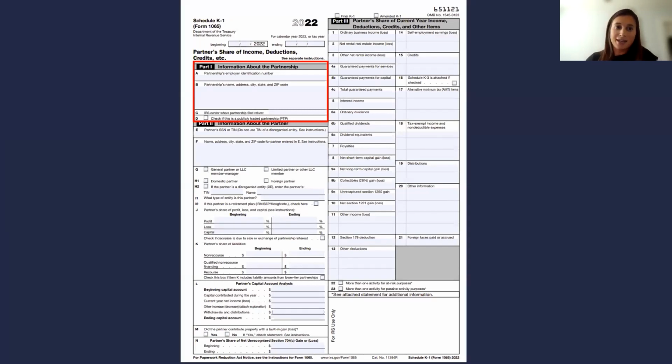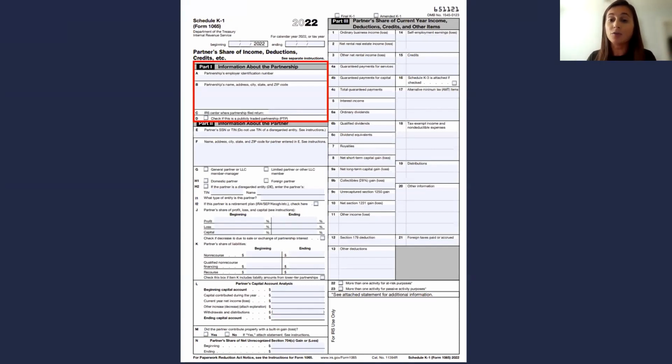Okay, so back to the form. So step one, double check to make sure the date is correct. It typically will be the beginning of the year, ending of the year for the applicable year, but just start there. Next section, which is the section I have highlighted in the red box right now, is part one, the information about the partnership. This is important because you need to recognize and know the partnership name in this box.